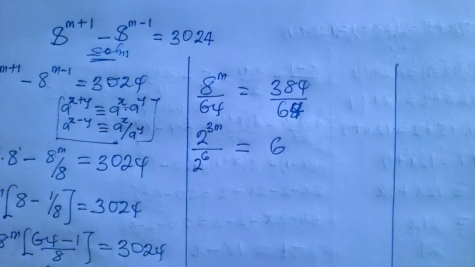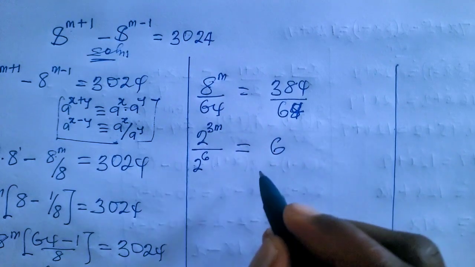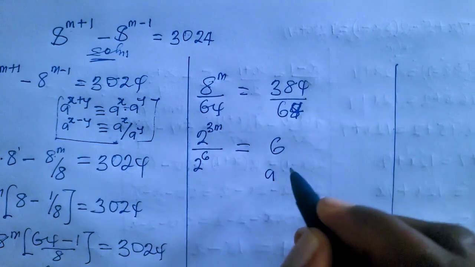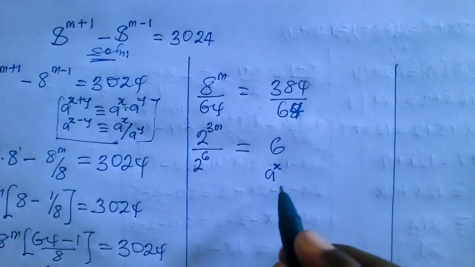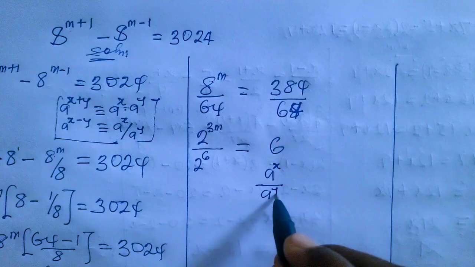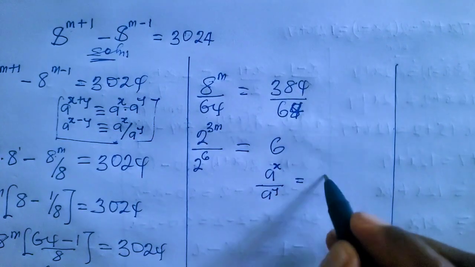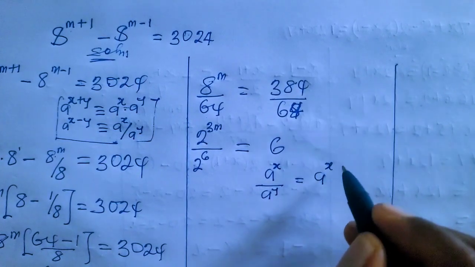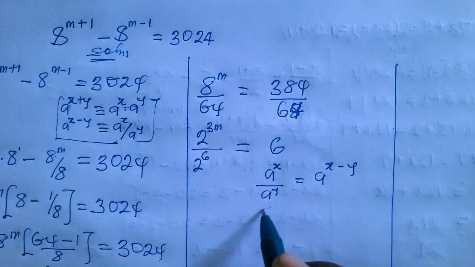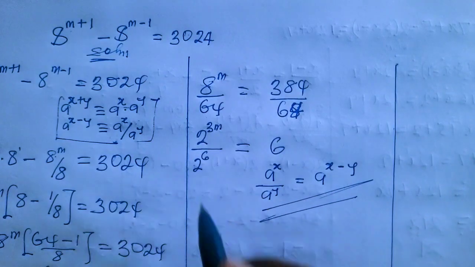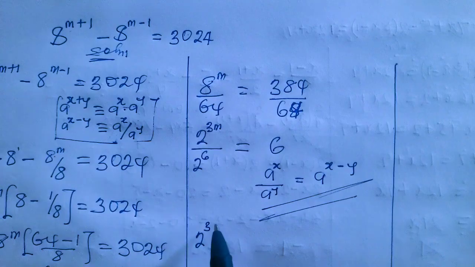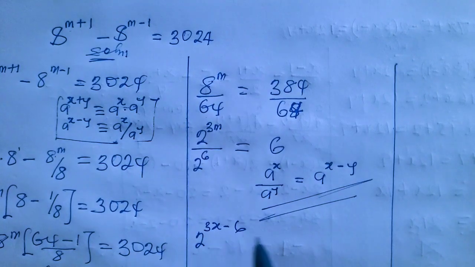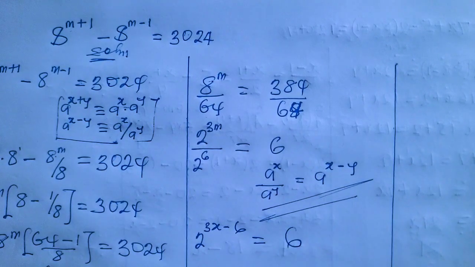Recall also that if you have a to the power of x divided by a to the power of y, this is equivalent to a to the power of x minus y. I'm going to apply this rule right here, and it becomes 2 to the power of 3m minus 6 equals 6.